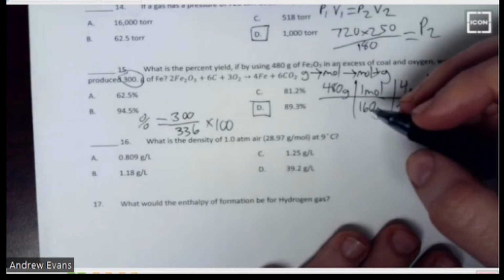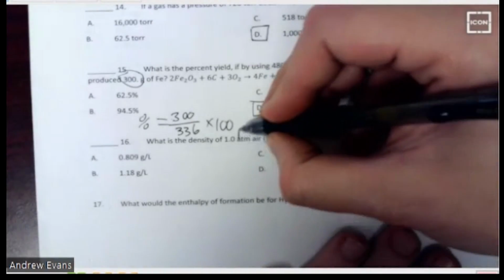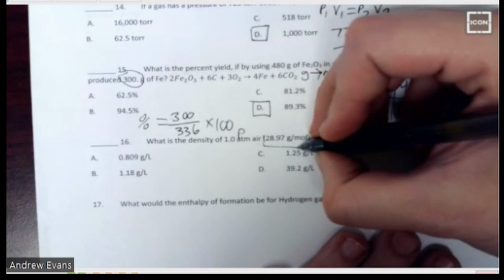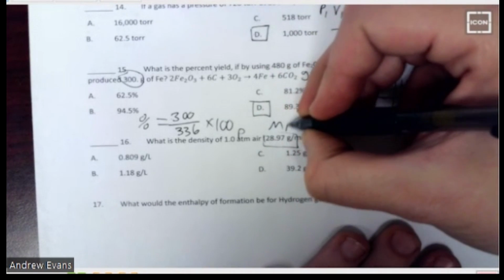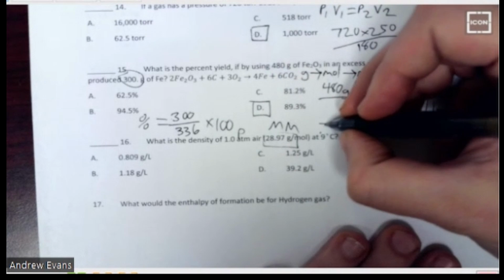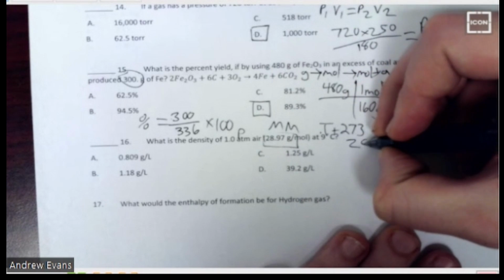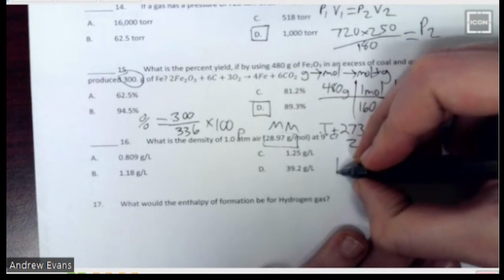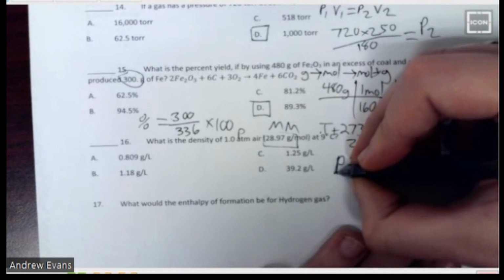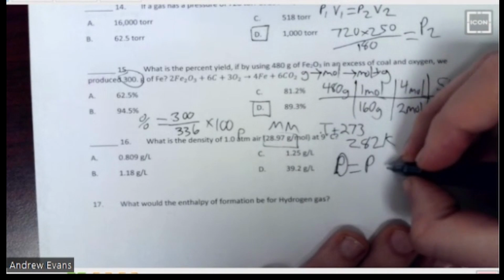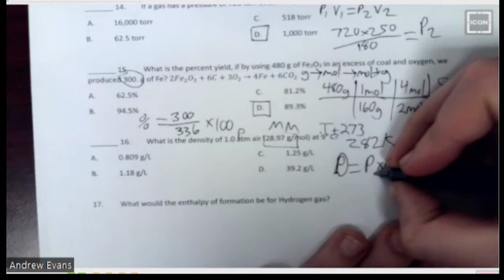What is the density of 1 atmosphere of air with this molar mass at 9 degrees? So we add 273, which makes this 282 Kelvin. Density equals P times molar mass divided by RT.